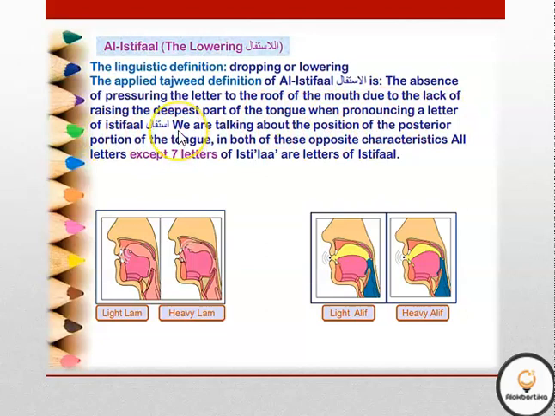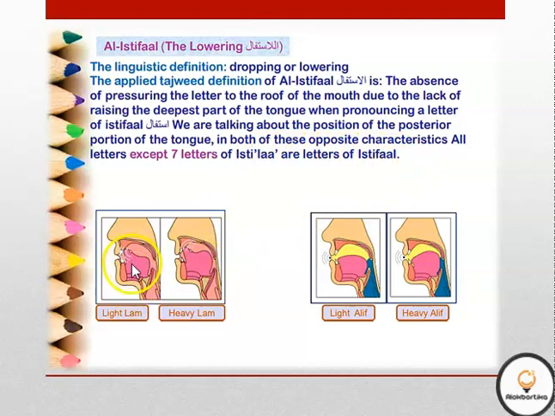When we are pronouncing a letter of istifal, we are not raising the deepest part or the back part of the tongue. We are talking about the position of the posterior portion of the tongue, and in both of these opposite characteristics, all letters except the 7 letters of isti'ala are letters of istifal.